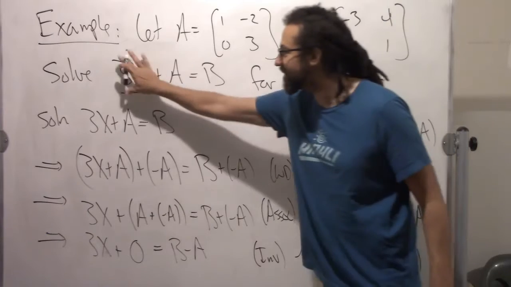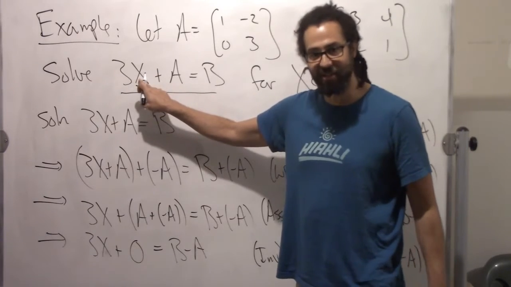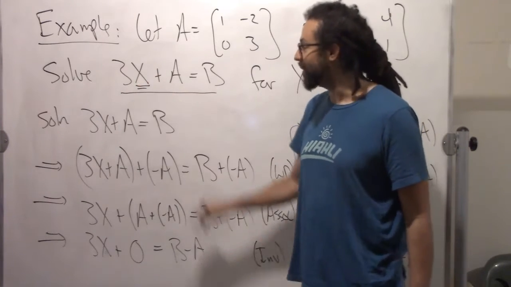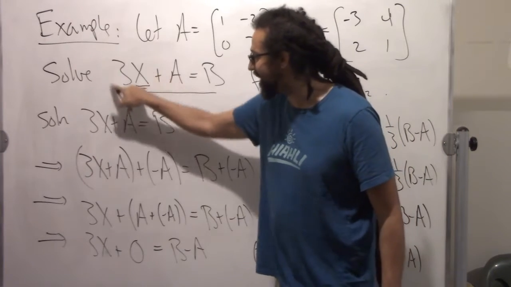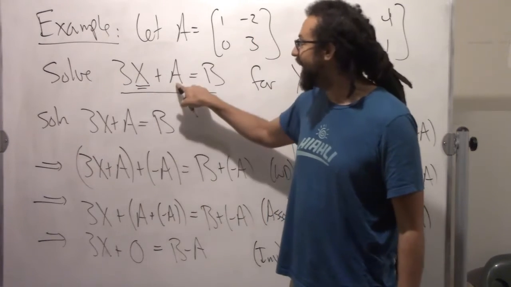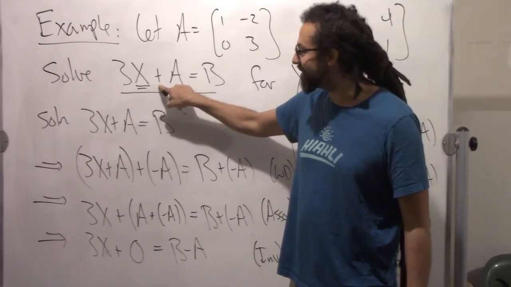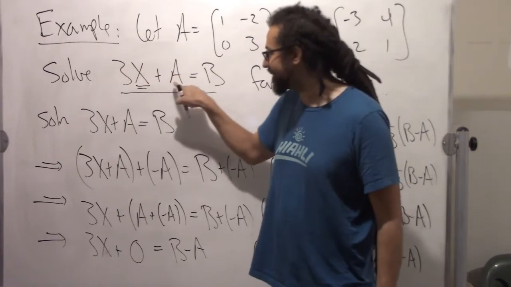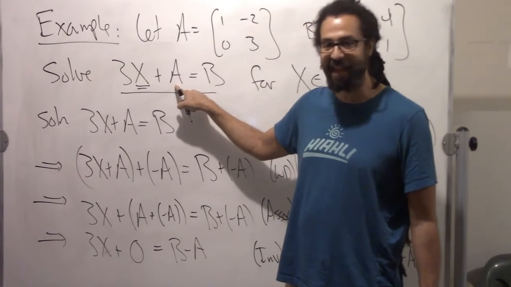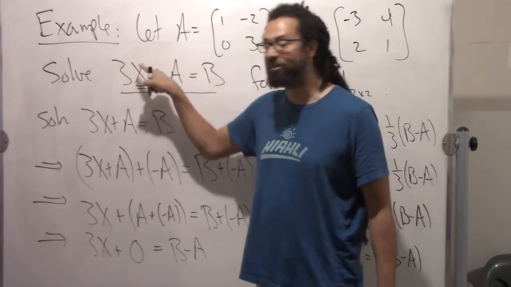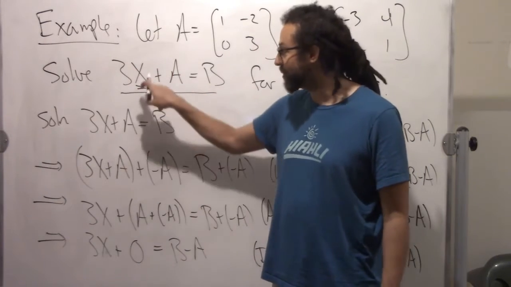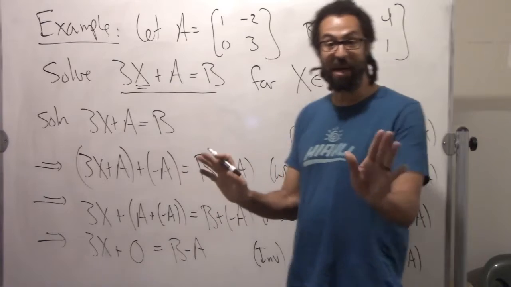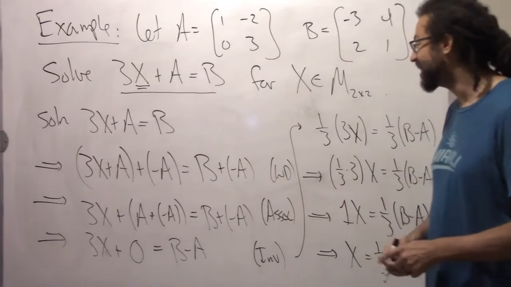This would not make sense if x were any other size other than 2 by 2, because 3x has the same size as x, and A is a 2 by 2, and in order for this to make sense, 3x has to have the same size as A. A is a 2 by 2, therefore 3x has to be a 2 by 2, therefore x has to be a 2 by 2. Okay, so just to straighten that out.